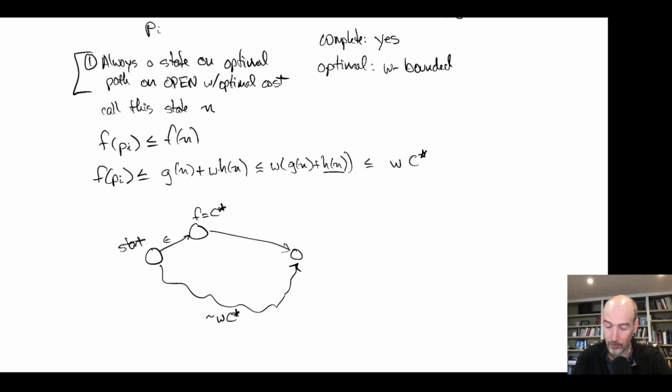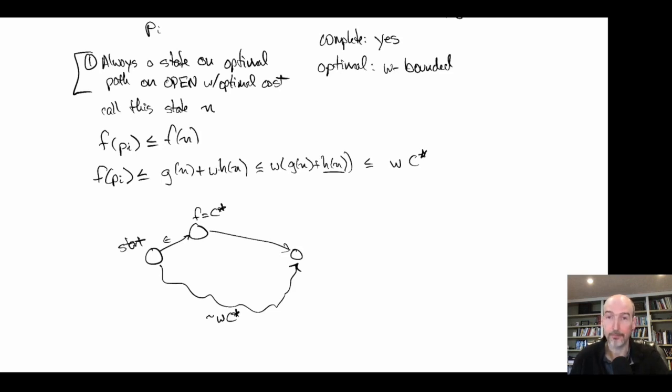Therefore, the actual bound here will be much looser than this. It's very difficult to find exactly a w suboptimal solution in practice. So this is a little bit of an inefficiency inside weighted A star: you have this bound, but in practice, you're almost never going to find a solution anywhere close to that actual bound.